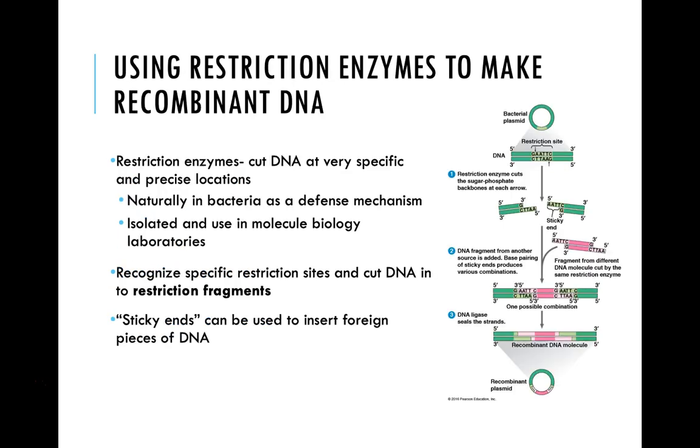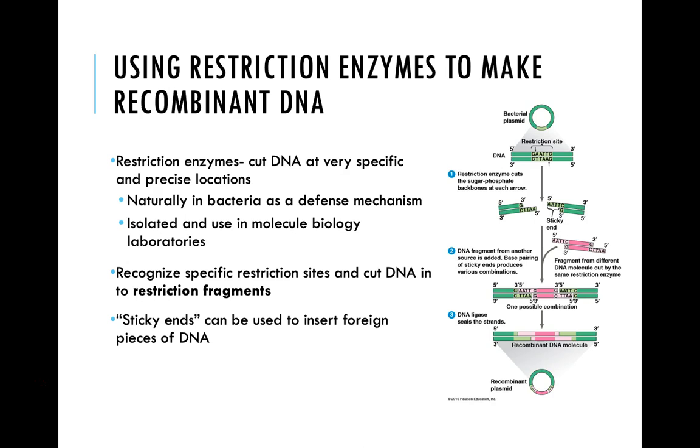The first is using something called a restriction enzyme to make recombinant DNA. Let me tell you what those words mean. A restriction enzyme is an enzyme, or I should say a group of enzymes, that were originally isolated from bacteria.